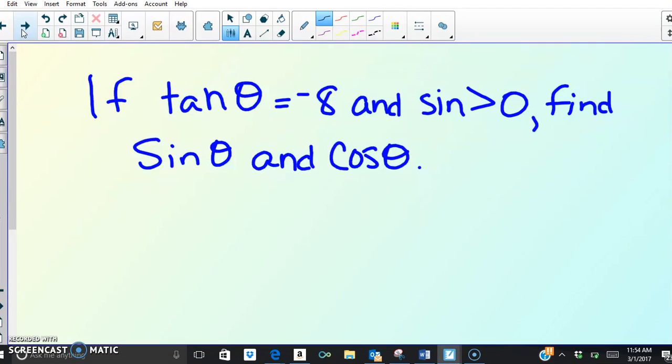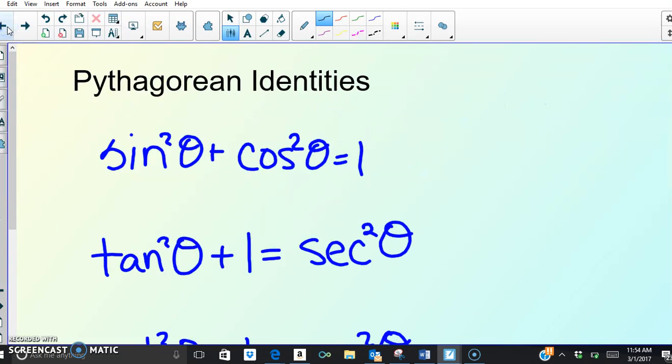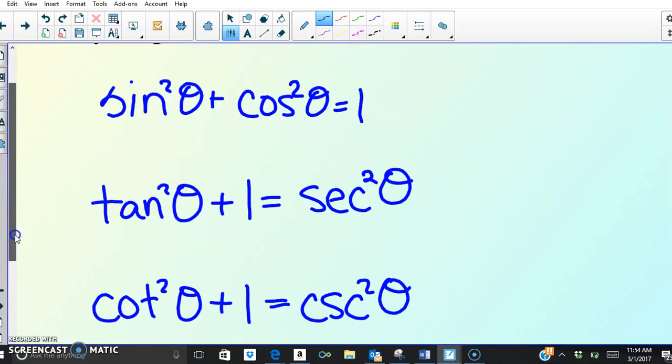So if tangent theta equals -8 and sine is greater than 0, find sine theta and cosine theta. So if we use the trig identity that we just looked at, we are going to use the tangent squared theta plus 1 equals secant squared theta.